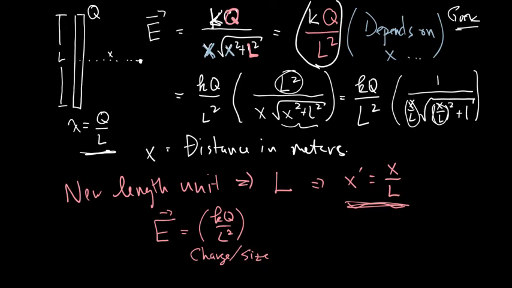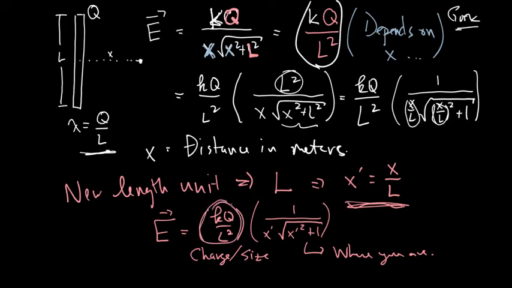And this is times the square root of x prime squared plus 1, and this depends on where you are. And so in this way, we can separate this kind of scaling factor from this. And it turns out that anytime I use a rod, I'll have this sort of term in front, and this will depend on how the charge is distributed.